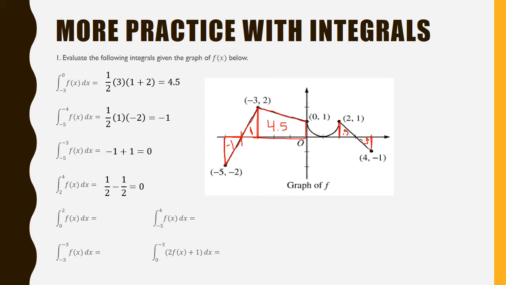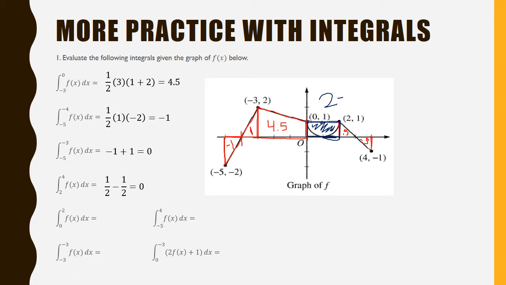What about the integral from 0 to 2? So this one's a little bit tricky, and you have to use some geometry. So the trick for finding this area is the fact that it's below here a semicircle. So if we close off this rectangle here, that would have area 2. Okay, just a simple rectangle. But I want to take away now, so I'm going to take away the area of that semicircle.